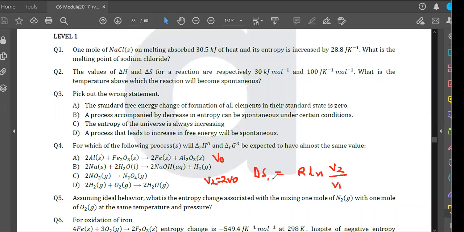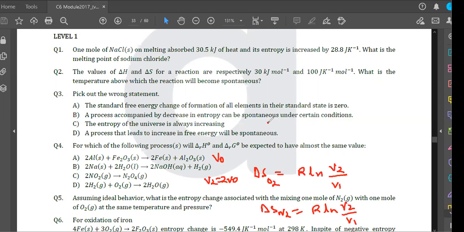Right? ΔS of O2. Anyone who disagrees with this? Right? And ΔS of N2 will also be R ln V2 by V1 because the number of moles is the same.